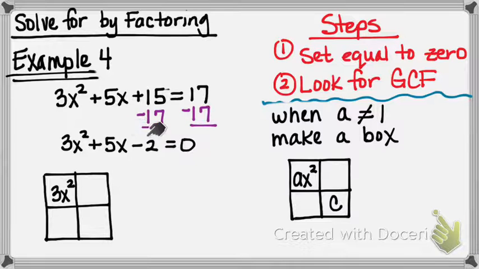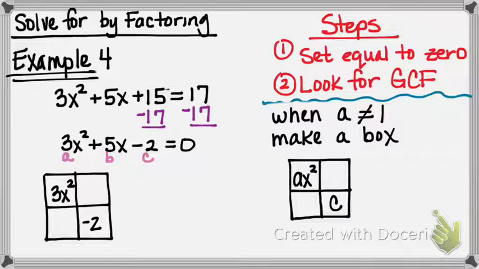And the B term, which is 5x, is going to go here. Let me go ahead and label A, B, and C.